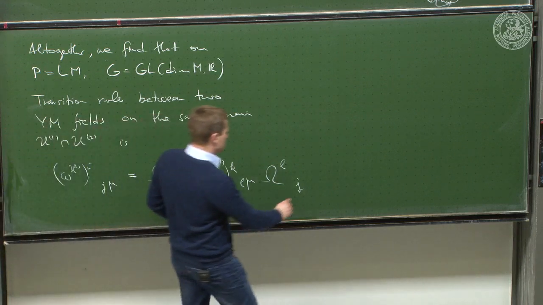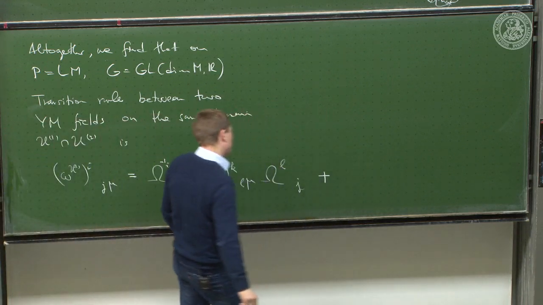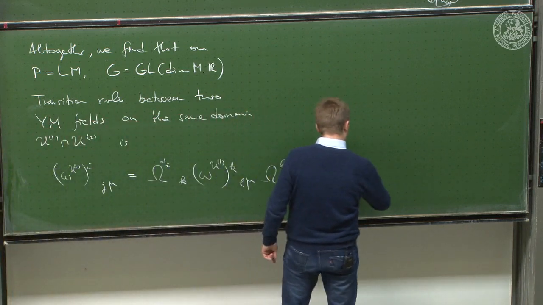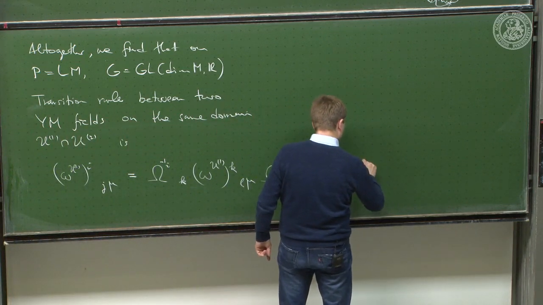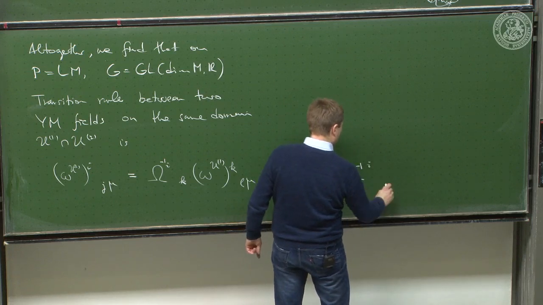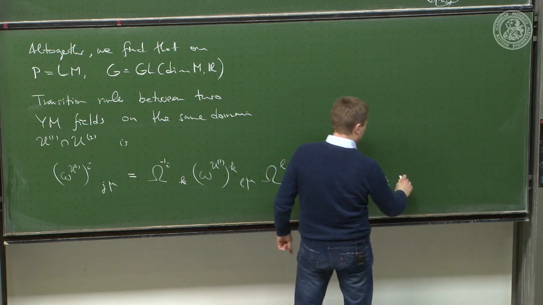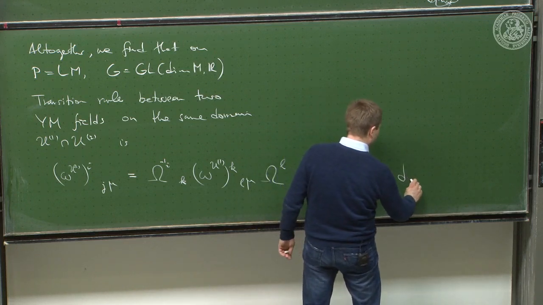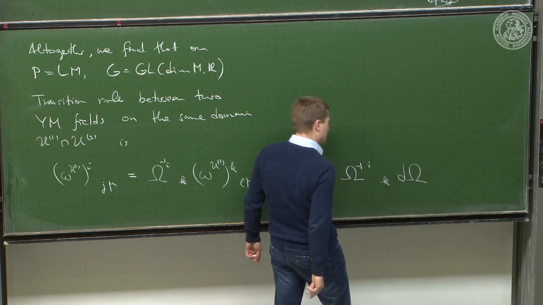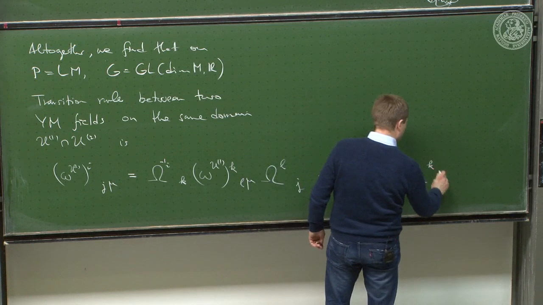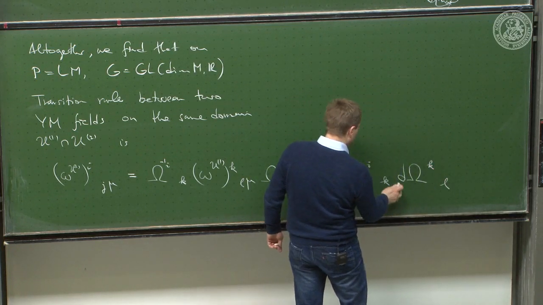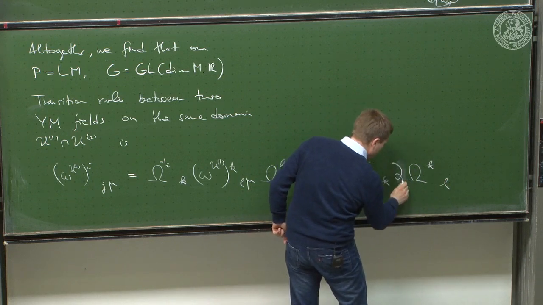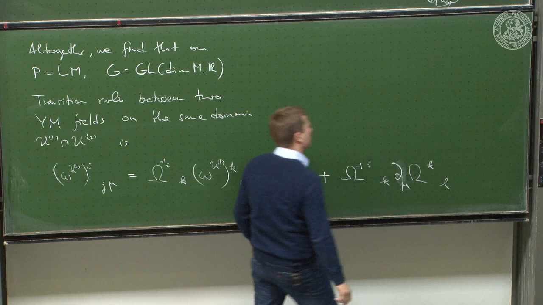And then there is the piece from the pullback of the Maurer-Cartan form, and there we saw that's also an omega inverse ik, and then here we have the d in the sense to be understood as defined before, d omega KL, and in fact if I write here the mu, then this just becomes the del mu.